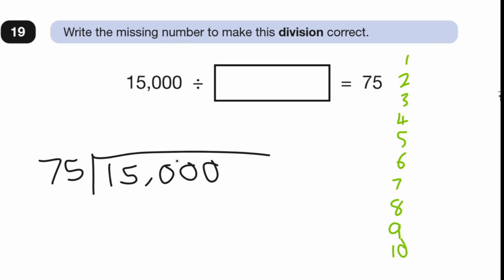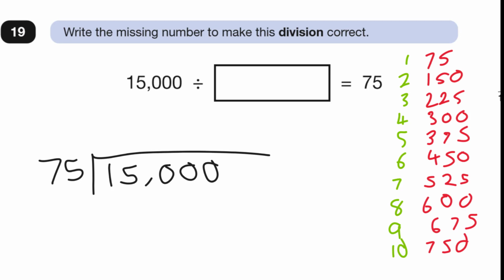I'm going to fill in my 10 multiples of 75, and then I'm going to use those to do my division. So 75 into 1 doesn't go, 75 into 15 doesn't go, so I've now got 150. 75 into 150 I can see goes twice.